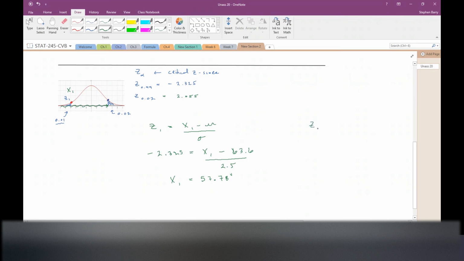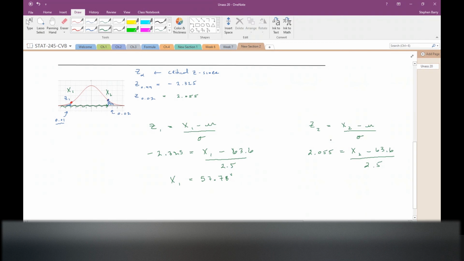And then Z score 2, which is 2.055. Same thing.